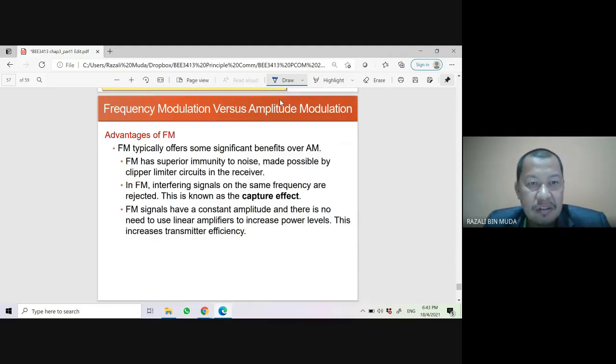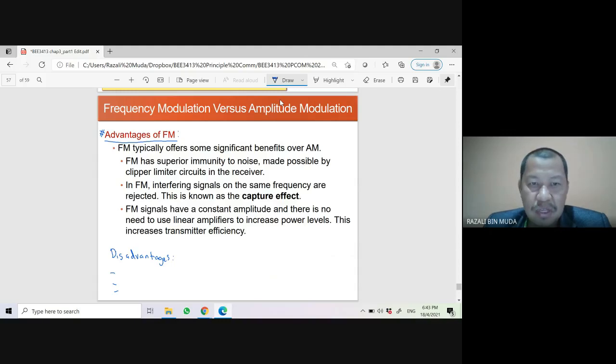Last, frequency modulation versus amplitude modulation. In this slide, we discuss the advantages of FM. Of course, FM also has disadvantages. You have to look these up. Among the advantages, FM typically offers some significant benefits over AM.